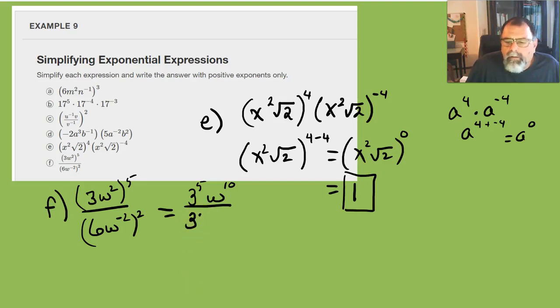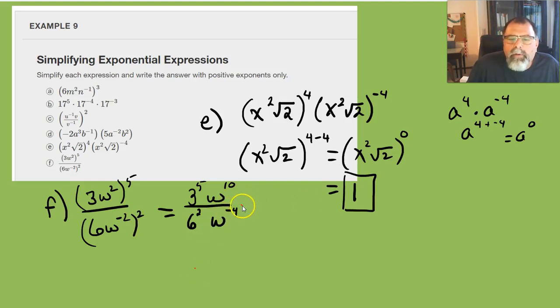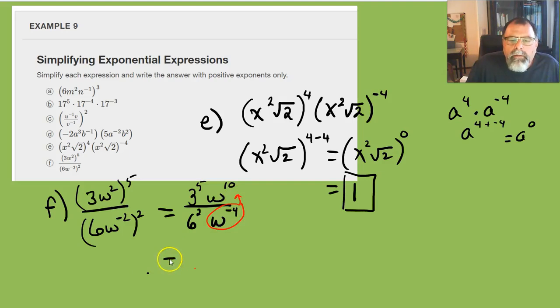I'll go ahead and write 6 squared. And then negative 2 times 2 is negative 4. Do you remember what I said about my shortcut, negative exponent? I'm going to move this to the top and it becomes positive 4 on top. So I have 3 to the 5th, w to the 10, w to the 4 on top, 6 squared on bottom.